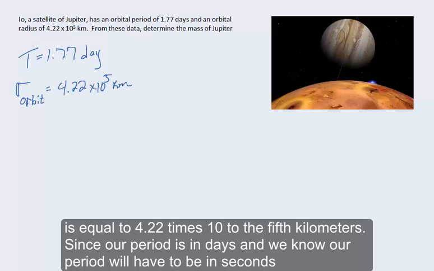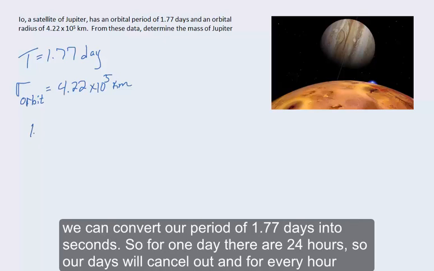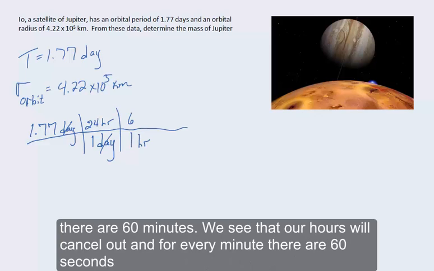Since our period is in days, and we know our period will have to be in seconds, we can convert our period of 1.77 days into seconds. So for one day, there are 24 hours. So our days will cancel out, and for every hour, there are 60 minutes.